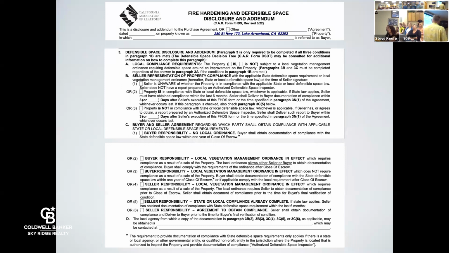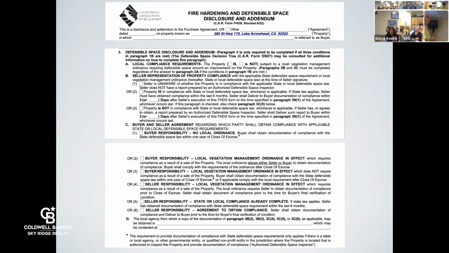So you either check the property is or is not subject to a local vegetation management ordinance requiring defensible space around the improvement of the property. It doesn't say at close of escrow, it doesn't say that it can be done before or after the close of escrow. It asks, is there a vegetation local compliance requirement?